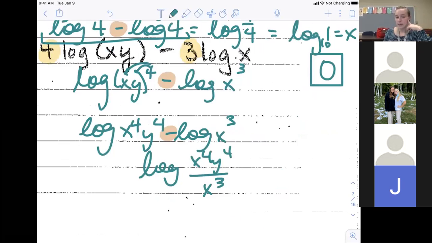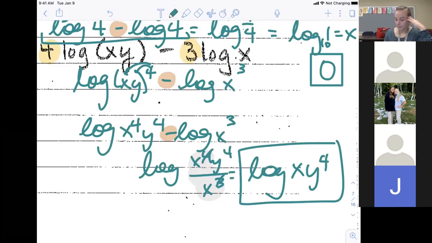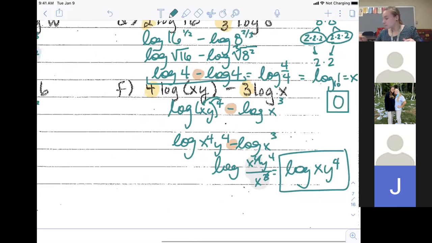Again, I know we spent time in quarter 1 or semester 1 doing exponent rules, but if I have an x on both top and bottom, remember that I can subtract their exponents to find out what it would be simplified. So 4 minus 3 would be x to the 1st, which means I've got an x to the 1st on top and then a y to the 4th. Nothing's on the bottom, so I don't need a fraction anymore. Okay, any questions so far?